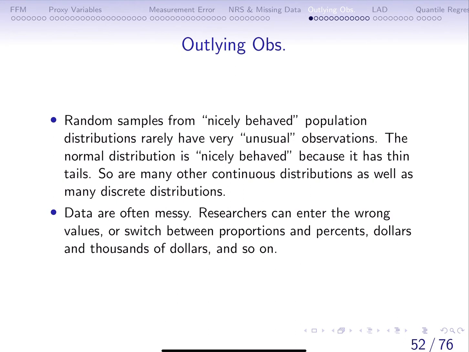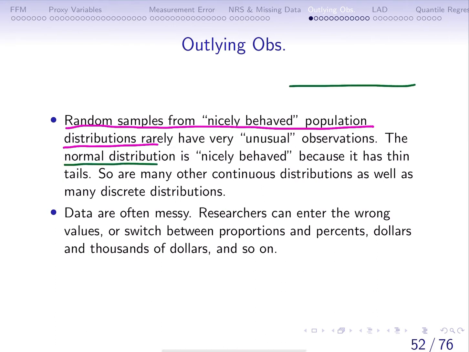Typically when we think about random samples from nicely behaved population distributions, those would not have any outlying or unusual observations, or very rarely would they have that. If you think about a normal distribution, for example, it is nicely behaved because it has thin tails.